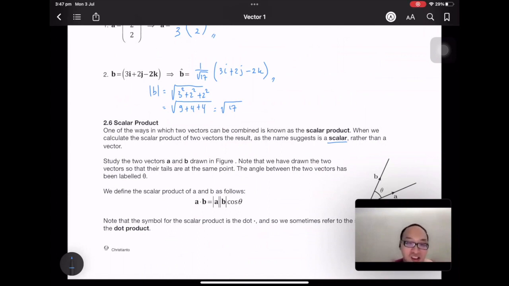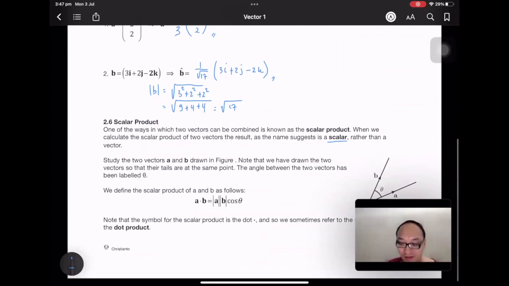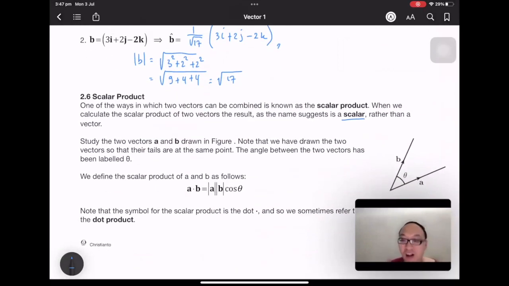So it's just a number without any direction. Let's see the figure here. I have two vectors, A and B, with an angle between them, theta.